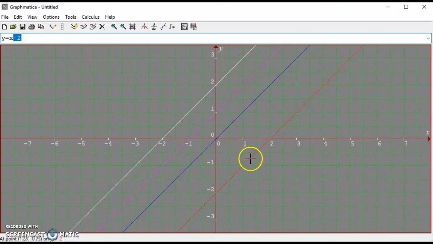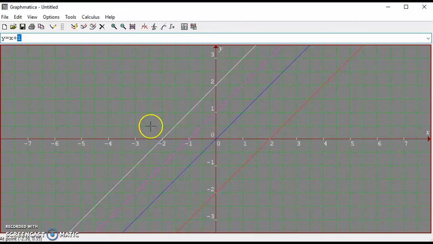So you can see that our graphs always cut the y-axis, which is this one here, at the value as indicated here. So the y-intercept's -2 for y equals x minus 2. If I was to click on this purple graph, you see my equation changes, y equals x plus 1. So my y-intercept is 1. And indeed, you can see that that's where it's cutting the y-axis.